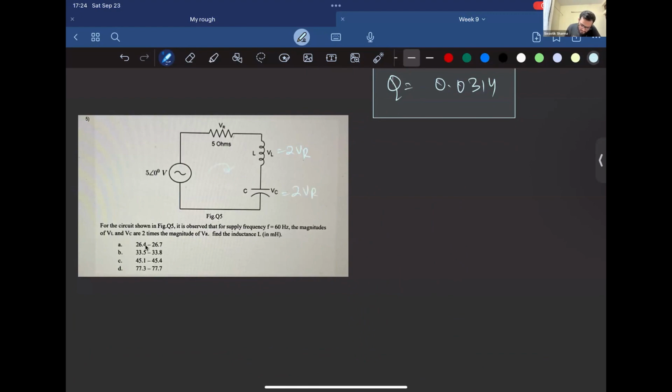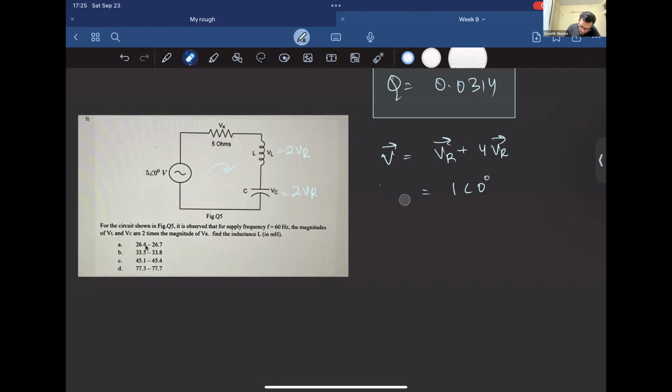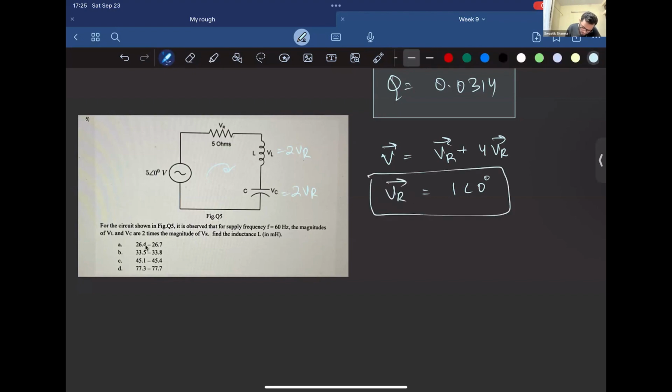So if we do KVL, V is equal to VR plus 4VR. So mod of VR is what? 5 upon 5, so it's 1 angle 0 only. Just don't call it mod, call it VR only.